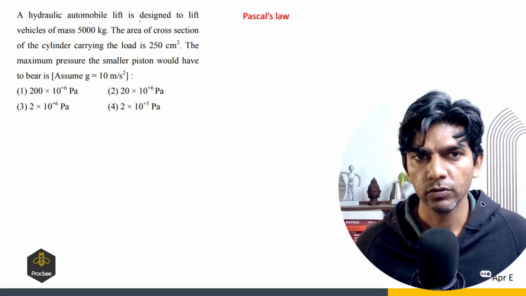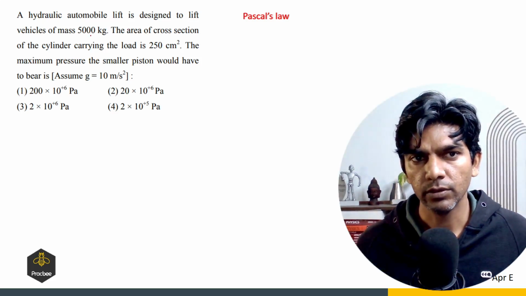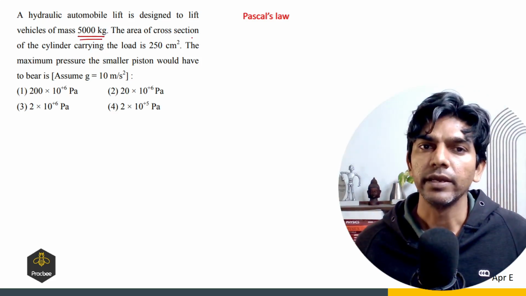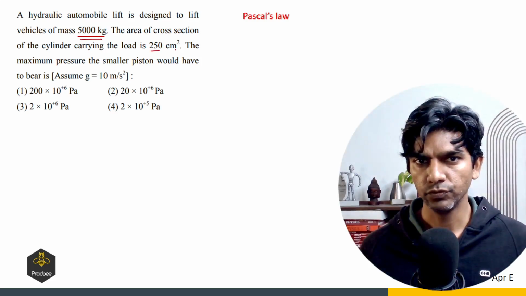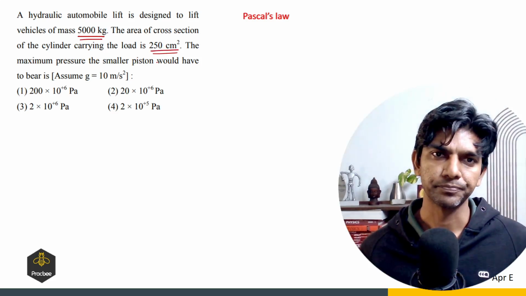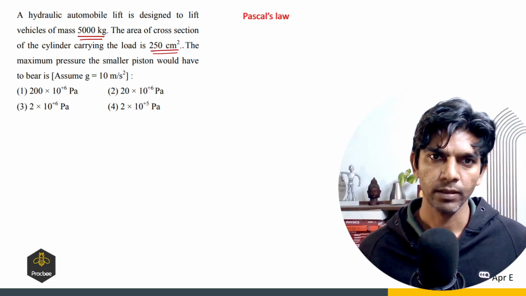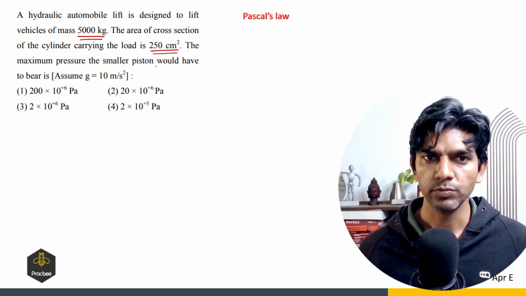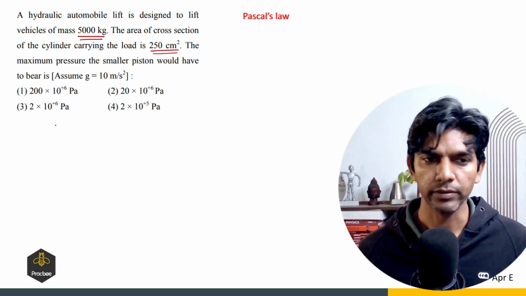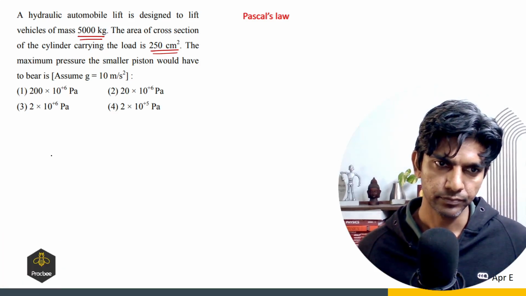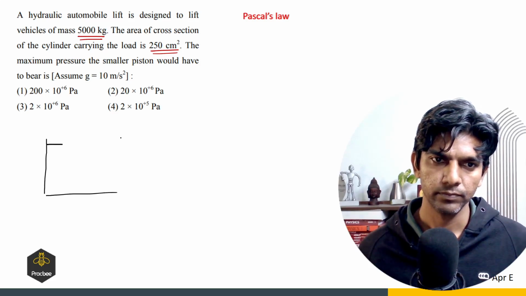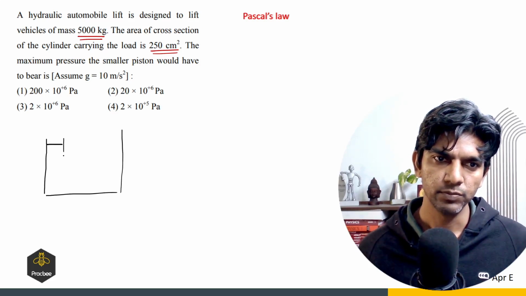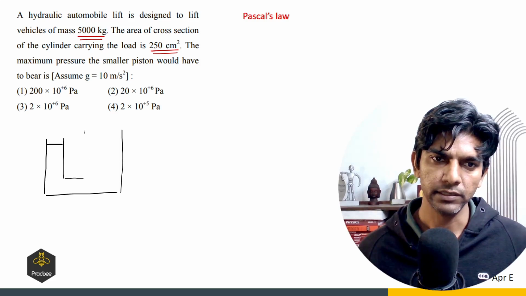A hydraulic automobile lift is designed to lift a vehicle of 5000 kilograms. The area of cross section of the cylinder carrying the load is 250 square centimeter. What is the maximum pressure the smaller piston would have to bear? So here we have a smaller piston, and let's say there is a larger piston, right?